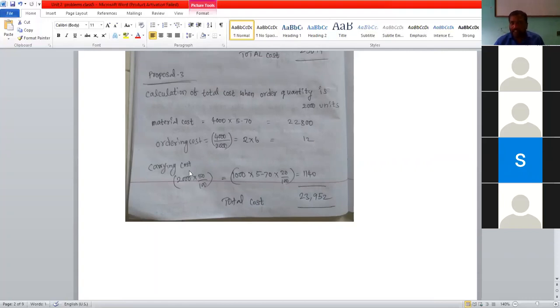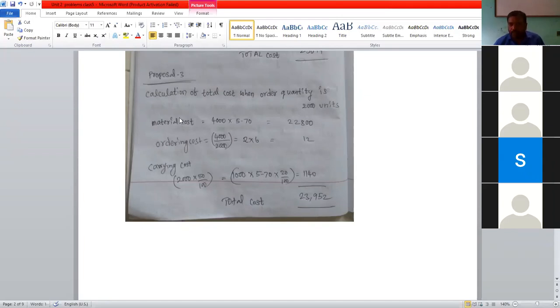Then carrying cost: out of 2,000, the average is 1,000 units, into 570, the price of material, into 20%. Here you are getting 1,140. By adding these three, 22,800, 12 rupees and 1,140, you are getting a total cost of 23,952.